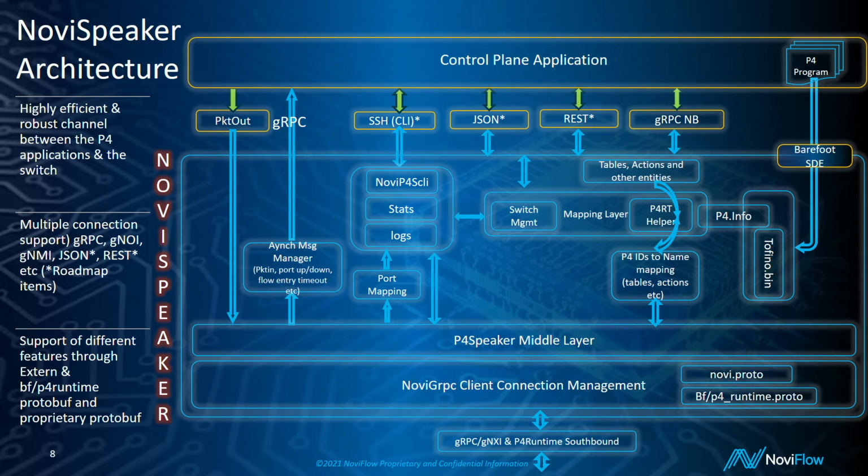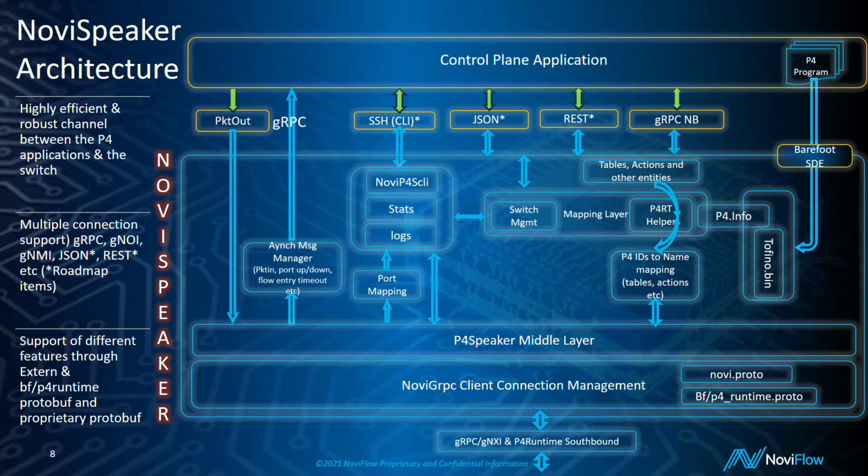Similarly, there is a mapping or translating module in NoviSpeaker that maps these Tofino entities, like table IDs, match fields, and actions, into a human readable format for application developers and for runtime debugging. I mean, this is a really cool and fancy feature. So imagine the struggle developers and users of control plane applications may have to go through without having NoviSpeaker handy for application development and debugging.